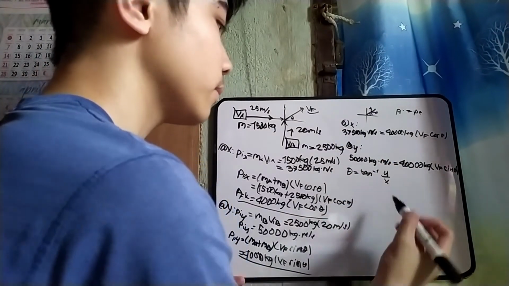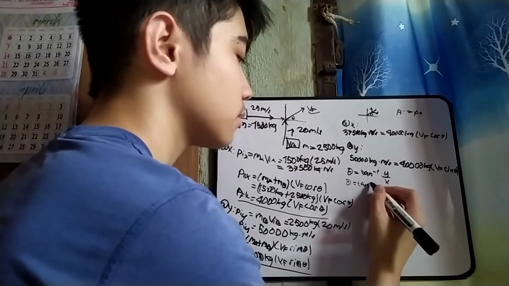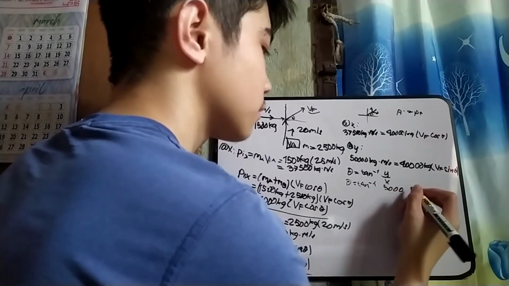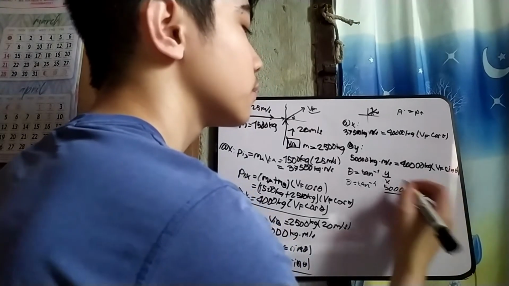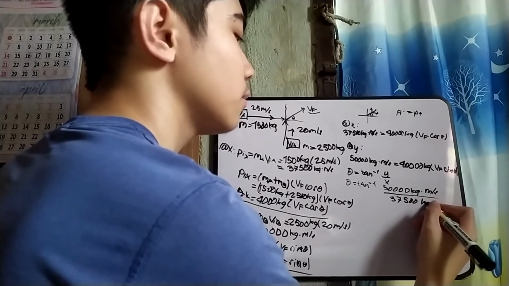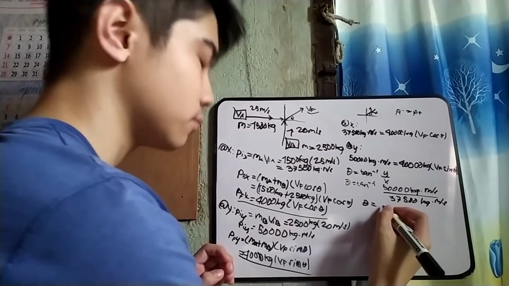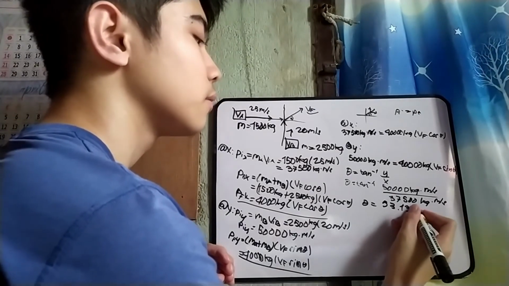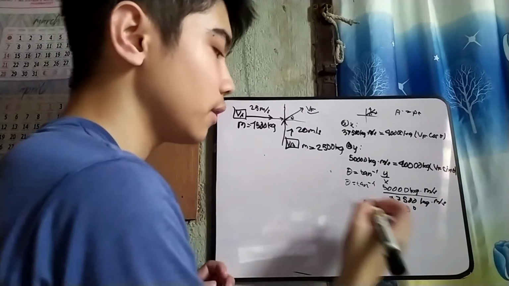So, theta equals arctan of 50,000 kilogram meter per second over 37,500 kilogram meter per second. Our theta is now equal to 53.13 degrees. Since we have gotten theta, we can now compute the final velocity.